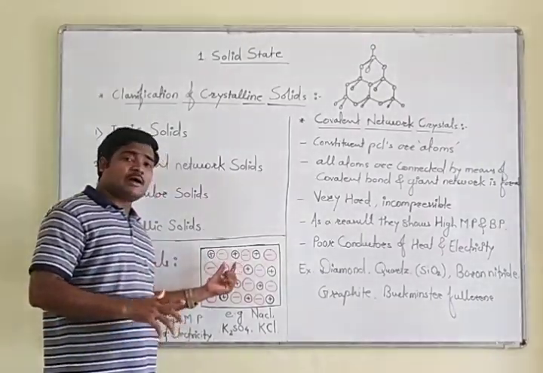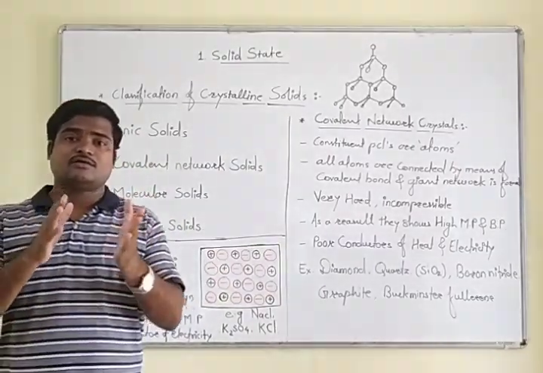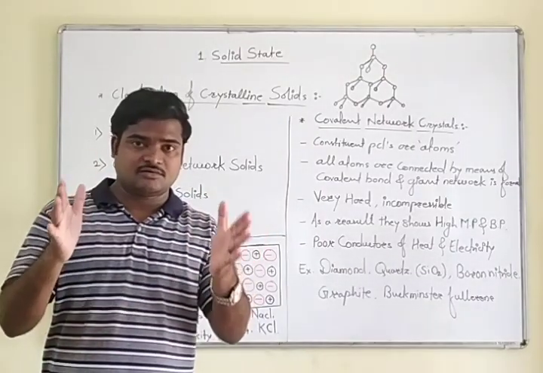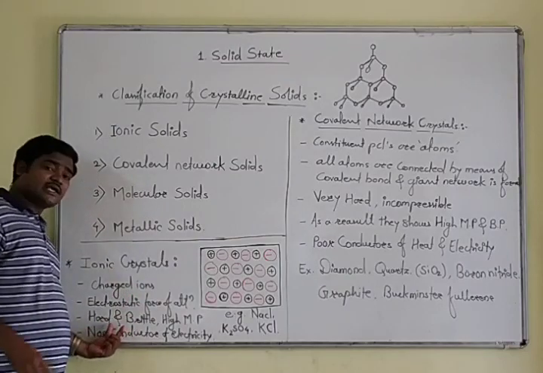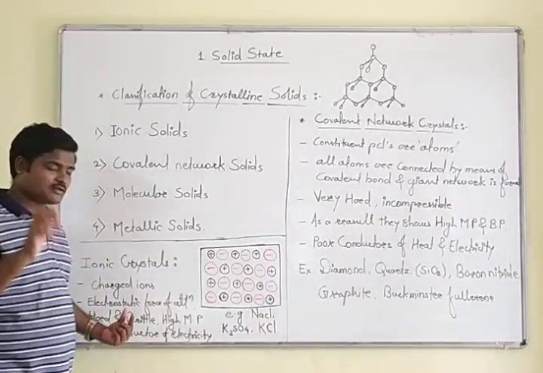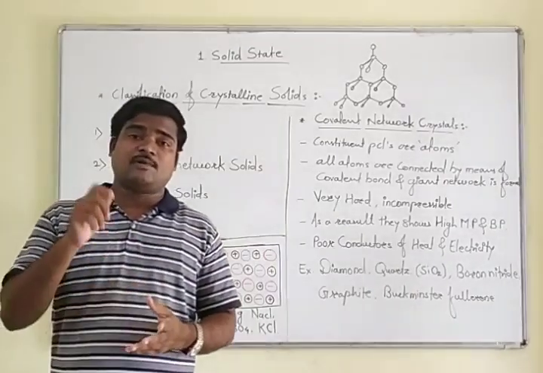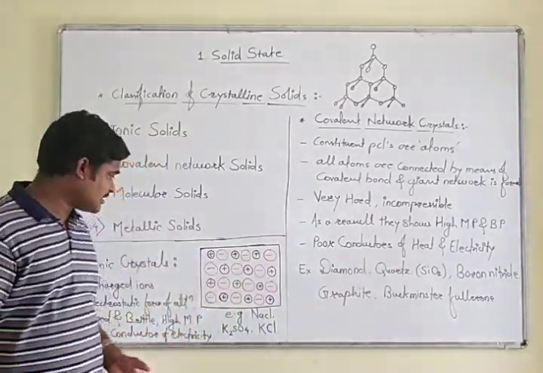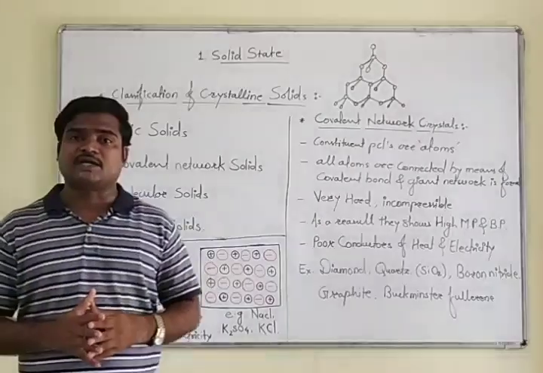But when we apply some force to this type of crystal, the layers will not slide over one another; they directly break. That's why we say they are hard and brittle: once we apply some force to these crystals, they crack directly. And another feature is that they have a high melting point.